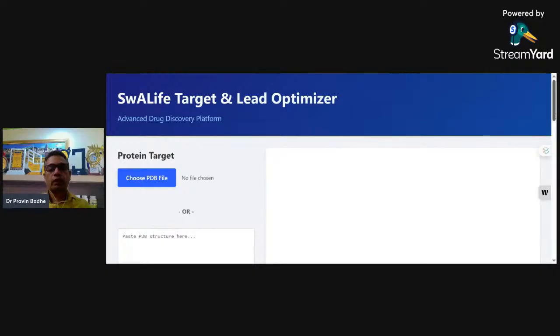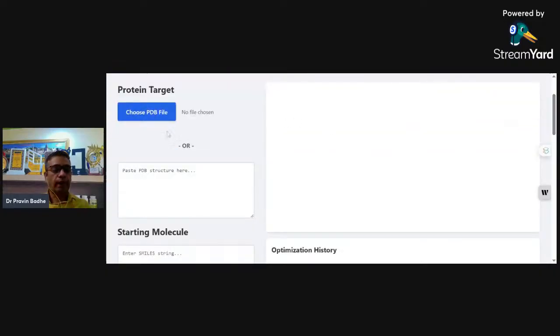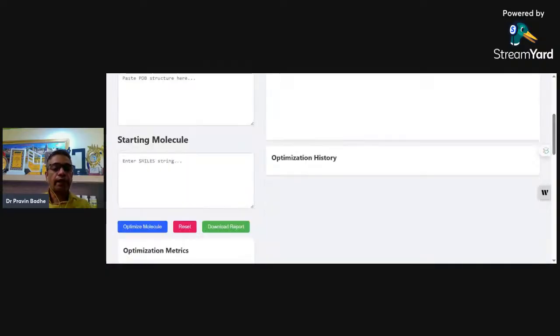What needs to be done is that you need to add the protein. You can upload the PDB file of the protein, or you can paste the PDB structure here. You can get the PDB from the PDB website where the protein database is, and then you can add the SMILES of the molecule which you are working on.